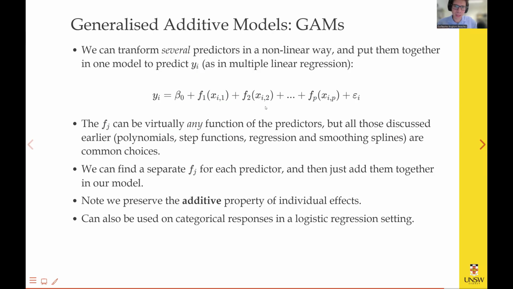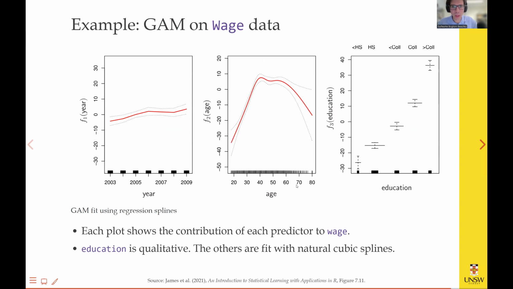F2 is, as in the notation from the previous slide, the function of the second predictor. Here the second predictor is age, so F2 represents the effect of age on the response, which is still wage, right? So as somebody ages, initially their wage increases, but eventually it kind of plateaus and then it goes down as they get older.